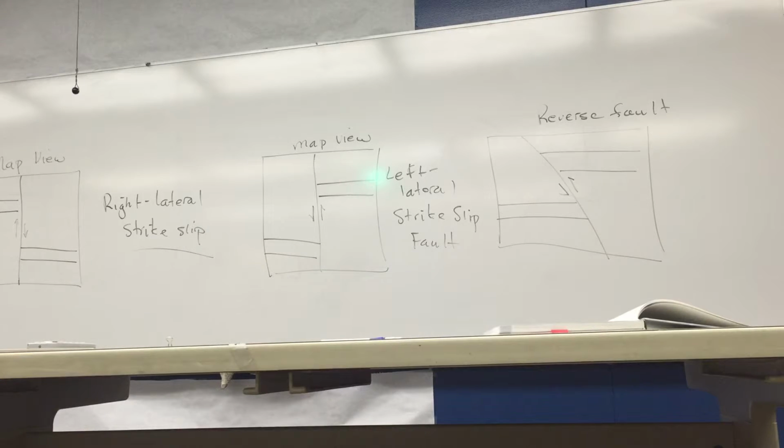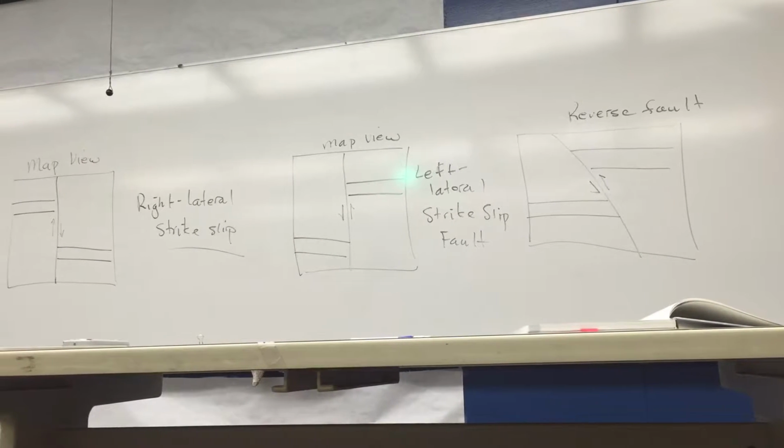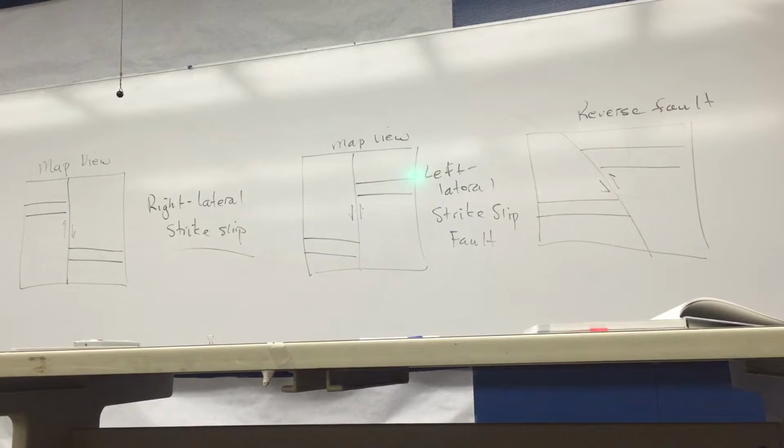Since these faults are occurring on a planet that is spherical, the surface is curved, that means all of these faults are going to show some sense of curvature, and a mixture of offsets. So a lot of times you will see a normal fault that shows a little bit of strike slip, or a reverse fault that shows a little bit of strike slip.